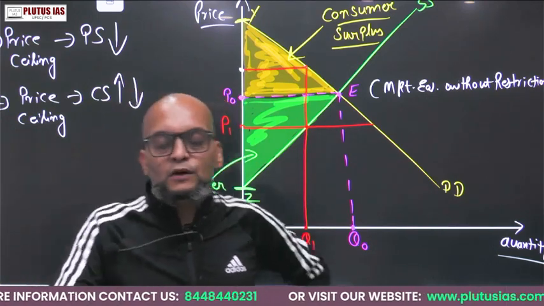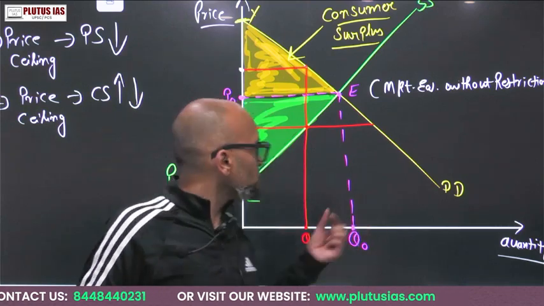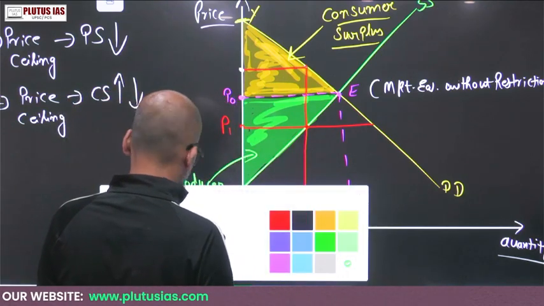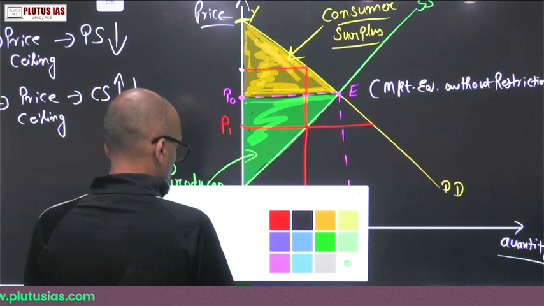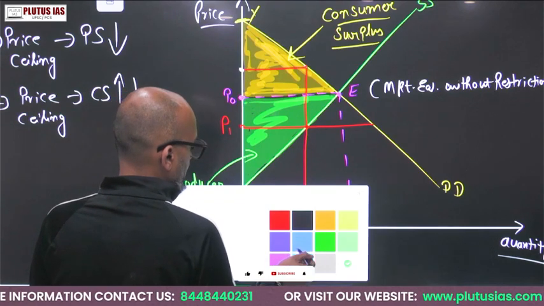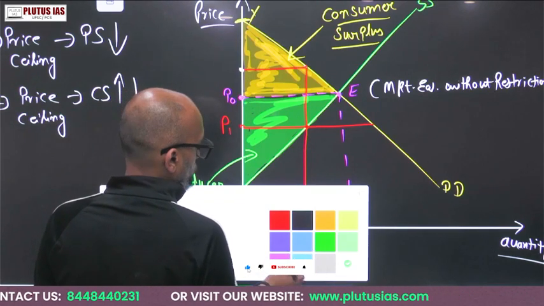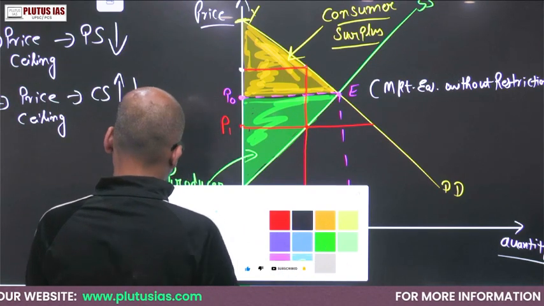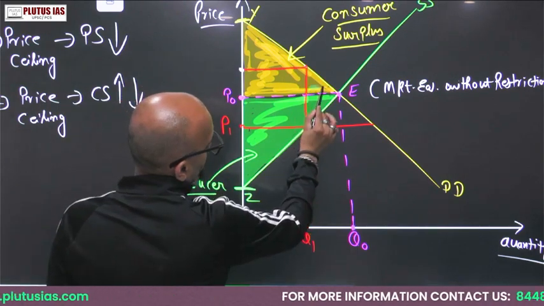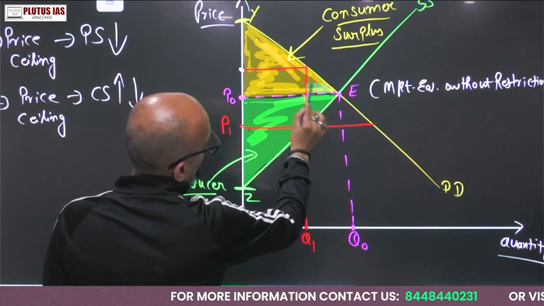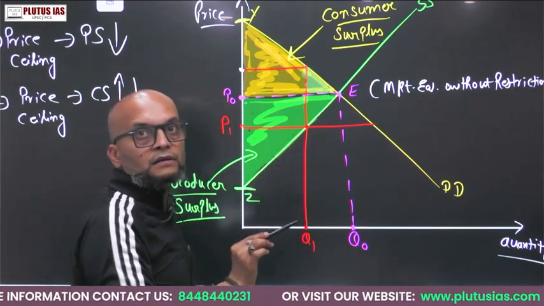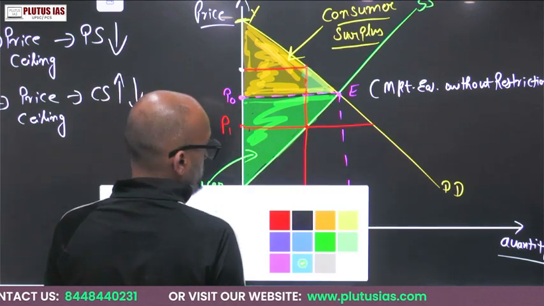But guys, look at something. If you observe, I am going to shade it with blue color. Look at this portion. Are you able to see? Okay, it's not visible that much.